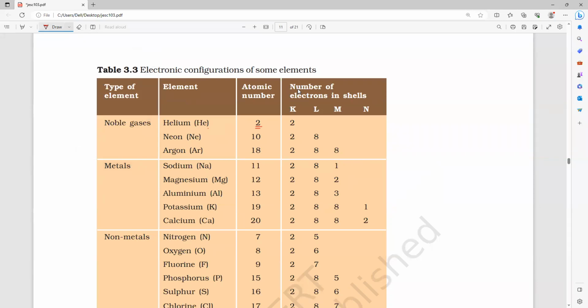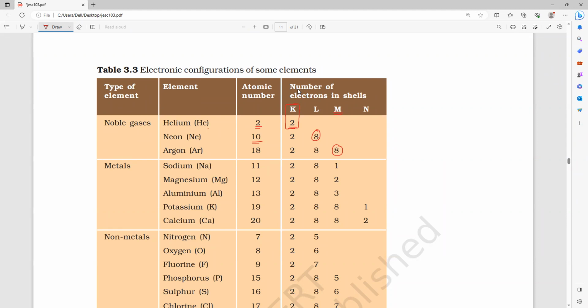What is the shell? K shell. That is why it becomes stable in nature. Next, neon, 10 electrons: 2, 8. So it becomes stable, with 8 electrons in the valence shell. Argon: 2, 8, 8. It also becomes stable, with 8 electrons in the valence shell.